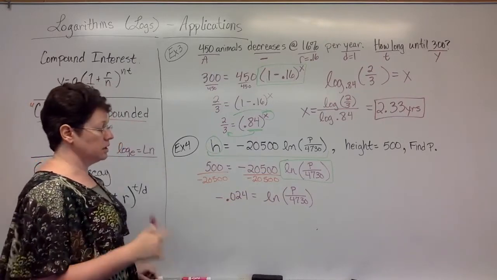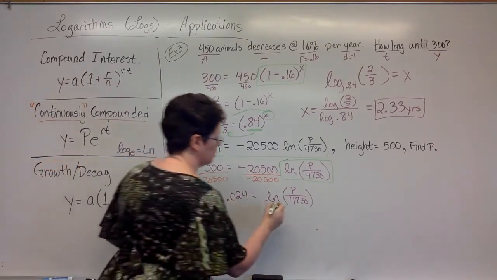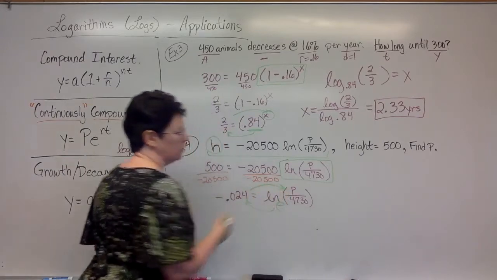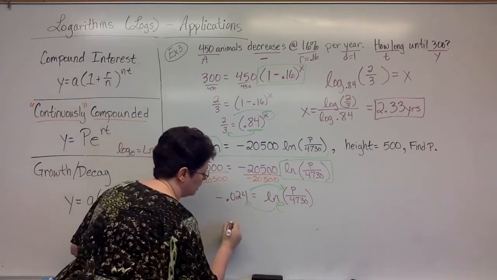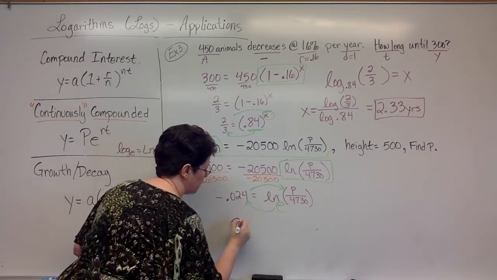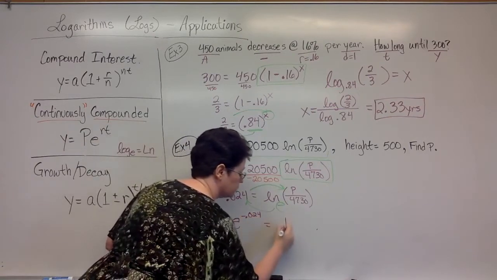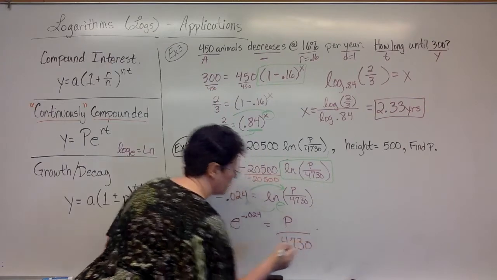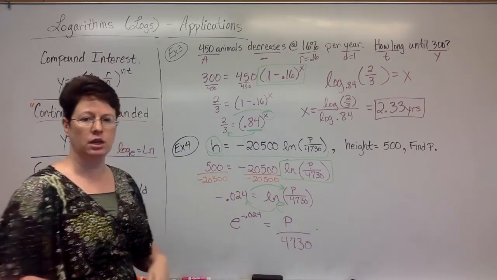Okay, so we need to rearrange it. My base is what? E. Okay, so I'm going to have E to a power equals the stuff inside. So E to the power of negative 0.024 equals the stuff inside. What are we going to do with that 4,730?